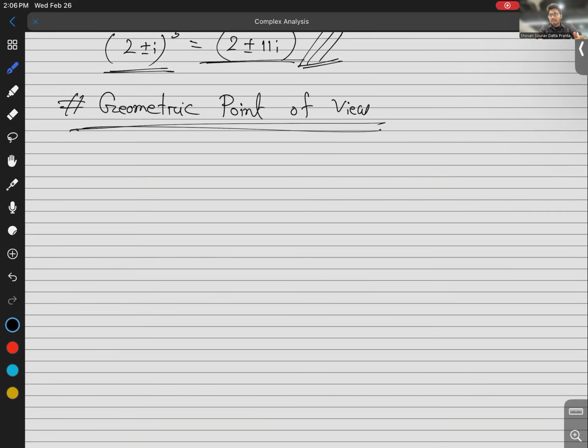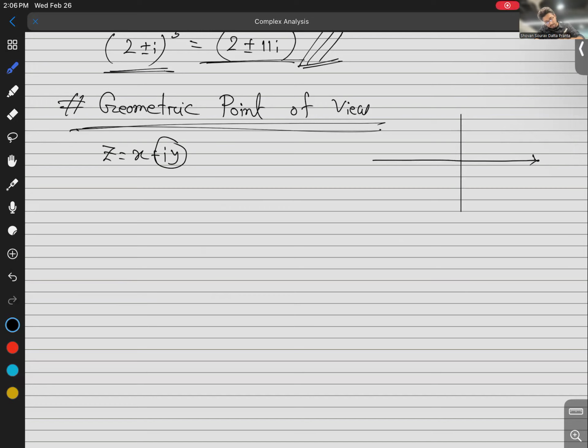Using our real line, we can't represent our complex number system, because our complex number z equal to x plus iy has some extra dimension here. So we represent it as an identity in the plane.